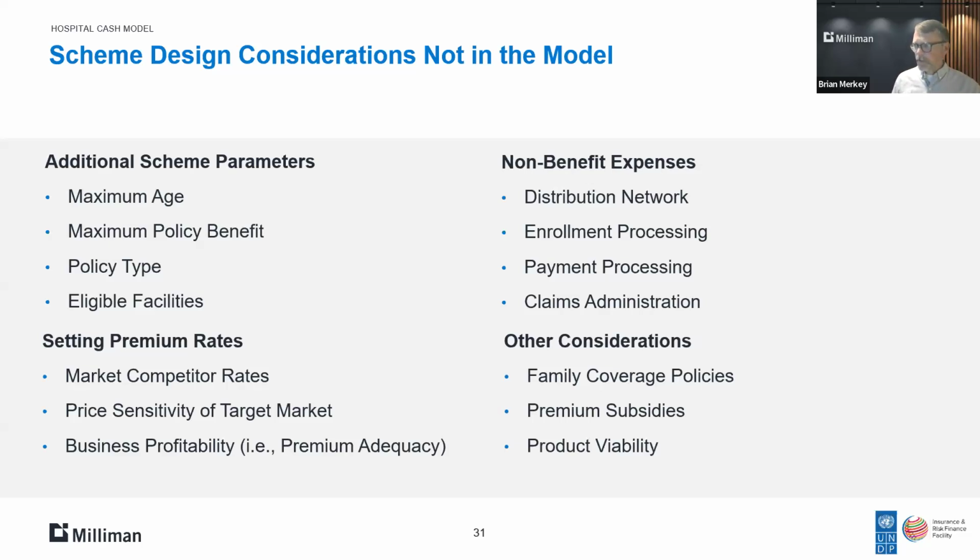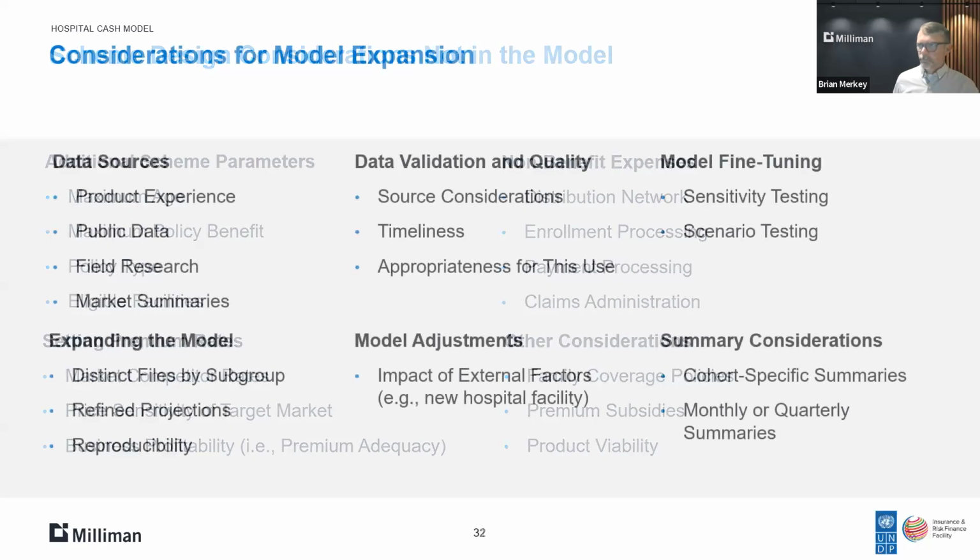And then finally, some other policy considerations, for example, family coverage. This was built for a single insured coverage, but with some tweaks, we think the model could be expanded to include something like family coverage. But that gets to be a little bit more case dependent, so we left that as future expansion.